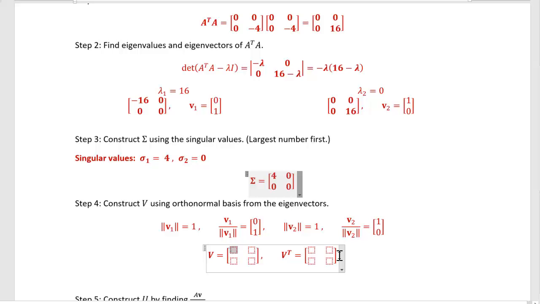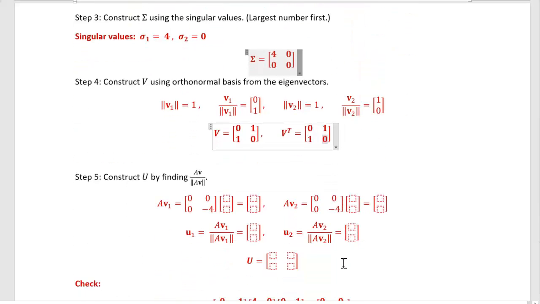Those are the columns of our V matrix. In the expression we eventually want V transpose, but the transpose of this is exactly the same, so we have our V transpose matrix.